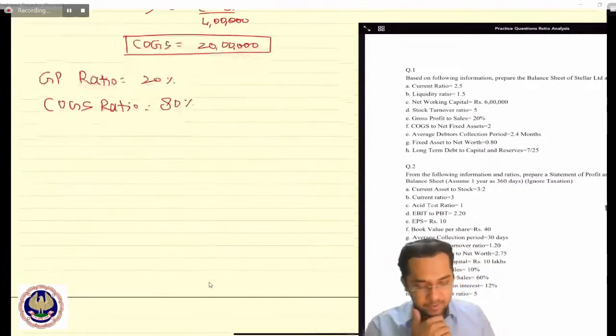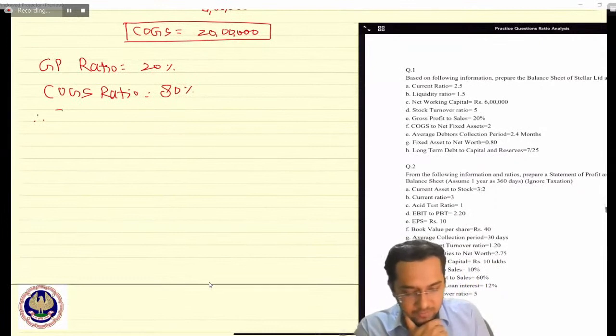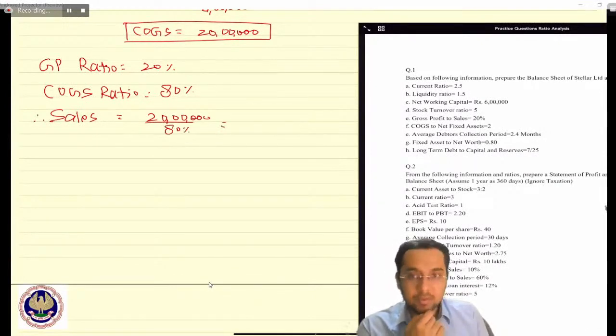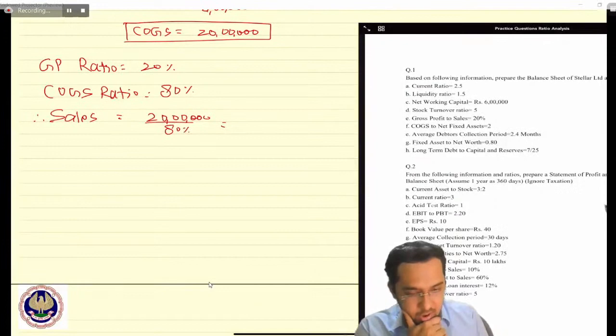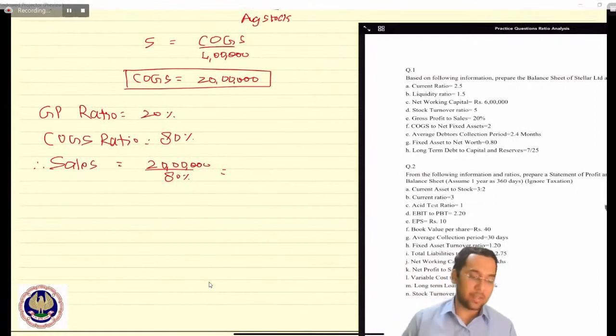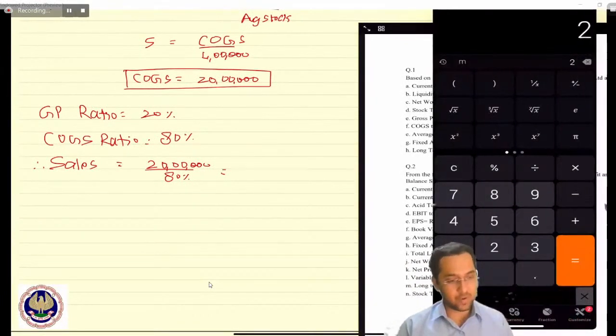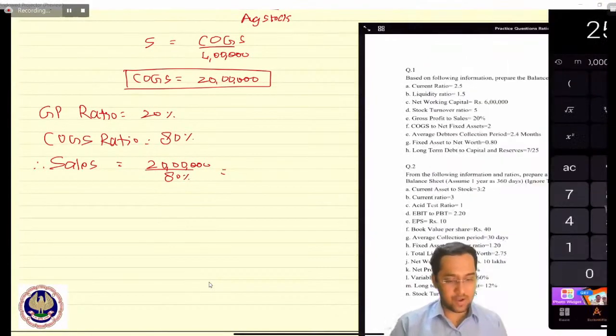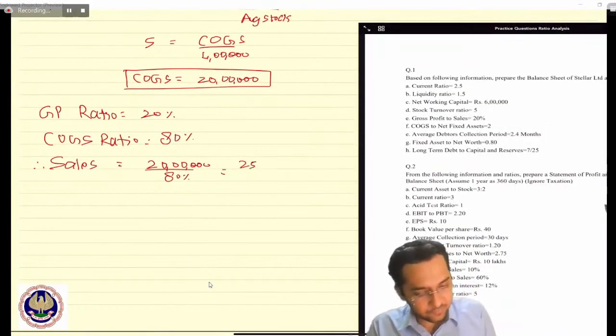If COGS is 80%, then our sales is 20 lakh COGS upon 80%. 20 lakh divided by 0.8 gives 25 lakh, which is our sales.